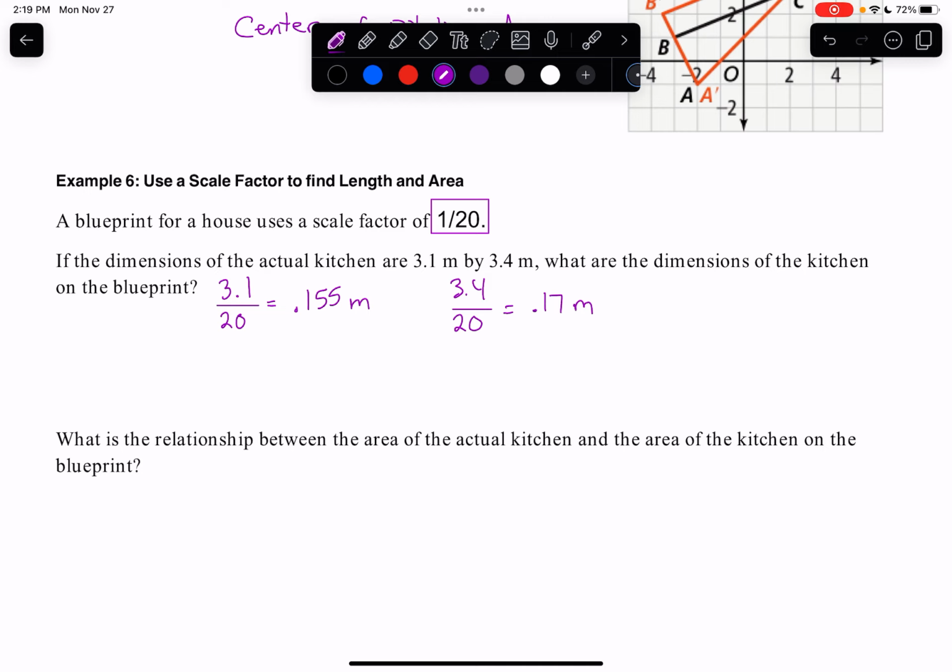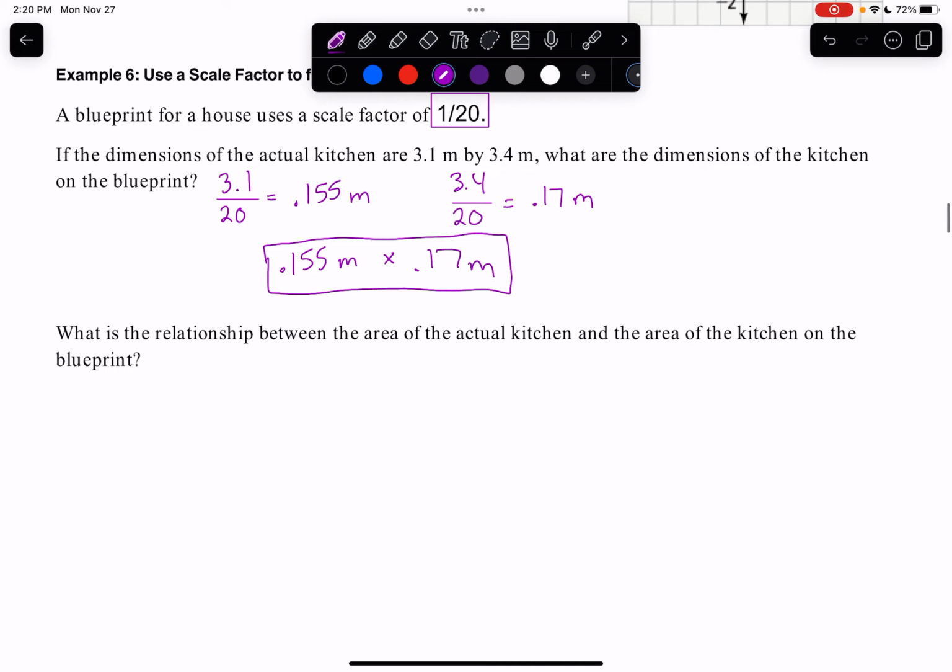Okay? And those would be the new dimensions. So the dimensions of the kitchen on the blueprint would be 0.155 meters by 0.17 meters. Honestly, that would probably be more useful as centimeters because 0.155 meters is 15.5 centimeters and 0.17 meters is 17 centimeters, but that's all right.